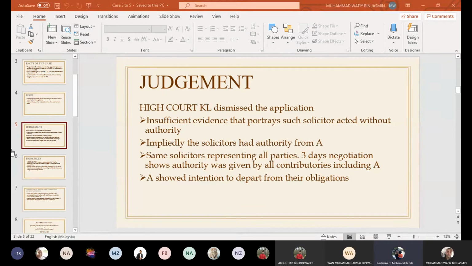Just like the situation in this particular case your colleague has just presented. It shows that within the 3 days of negotiation, the client did not do anything to challenge the conduct of his counsel. Right, Wafi?